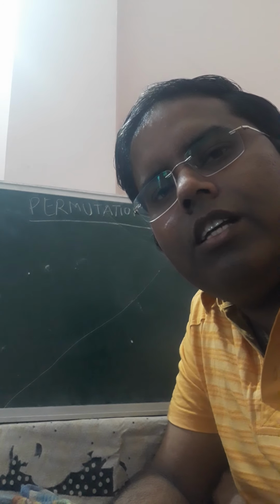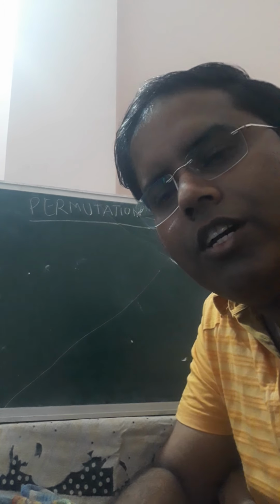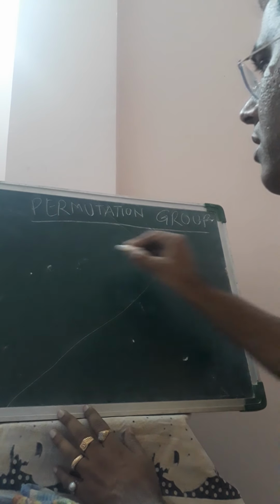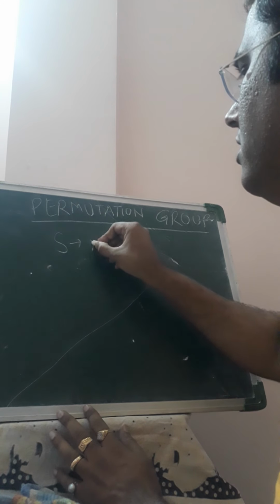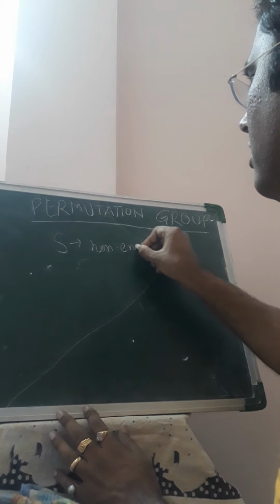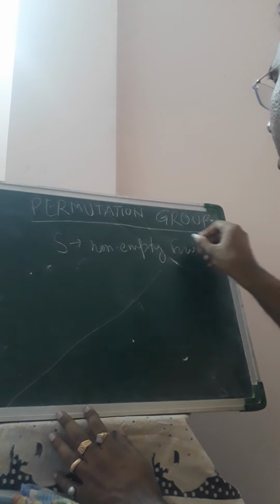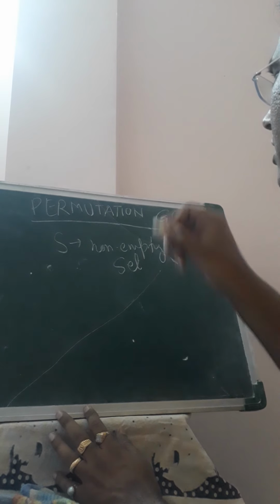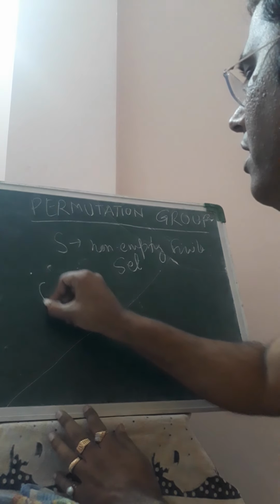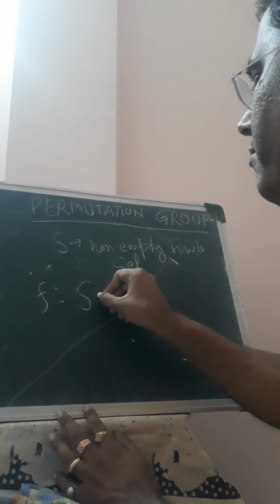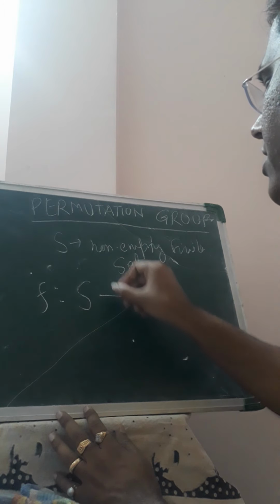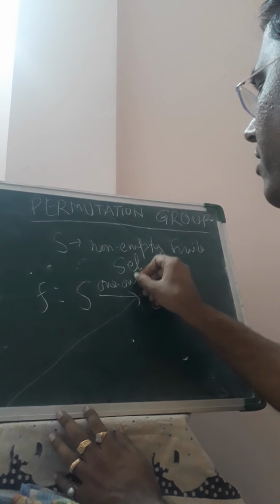Today we will study a special type of group called permutation group. So what is permutation? Suppose S is a non-empty finite set, then a mapping F from S onto itself, which is also 1-1.